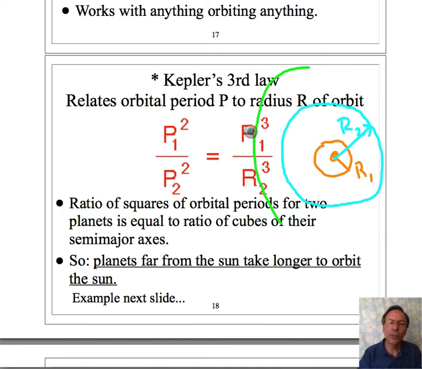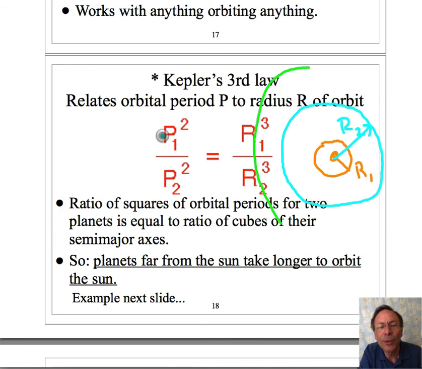And so Kepler's third law says that the ratio of these radii equals the ratio of the period of orbit. Now, the period of orbit is the time it takes to go all the way around. The way I've got this right now, planet 2 is the Earth. So this would be 1 year. So this would be 1 year squared. And I know that the orbit of Mercury is a lot shorter than a year. It's maybe a month or something like that. So this would be like, let's say it's a month.